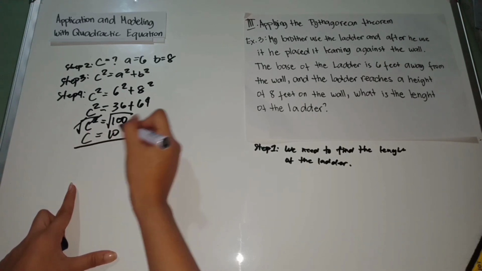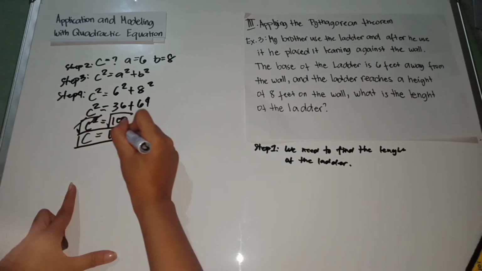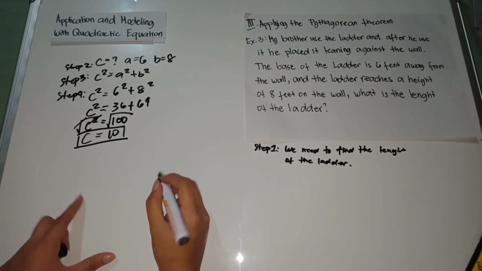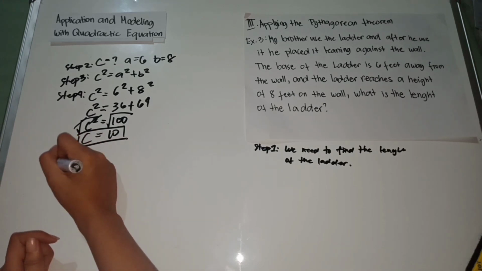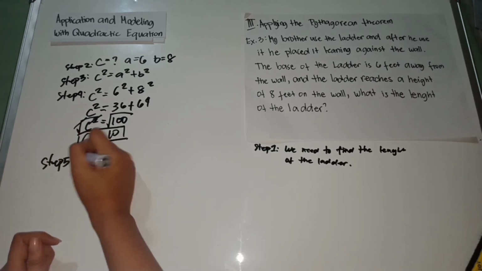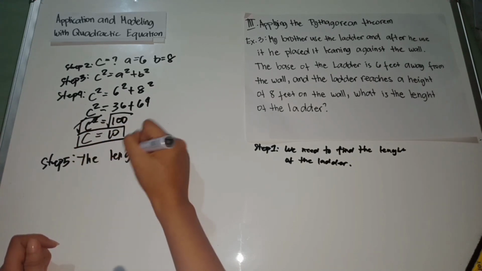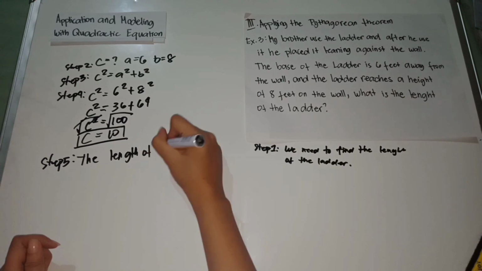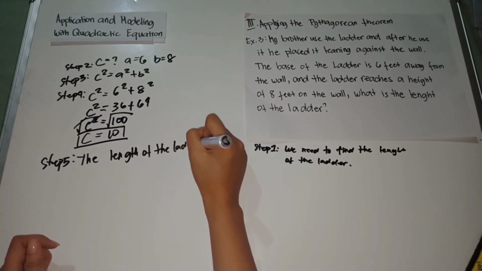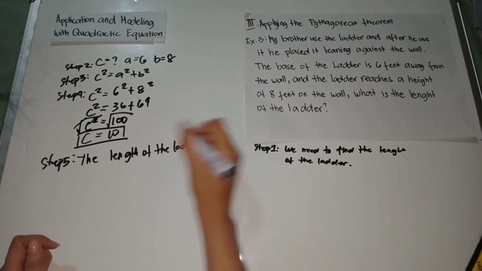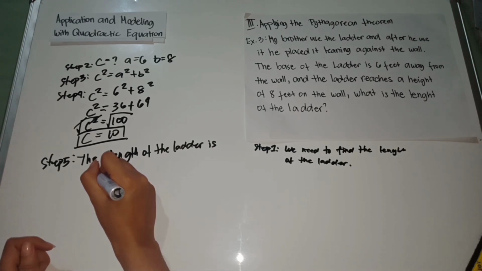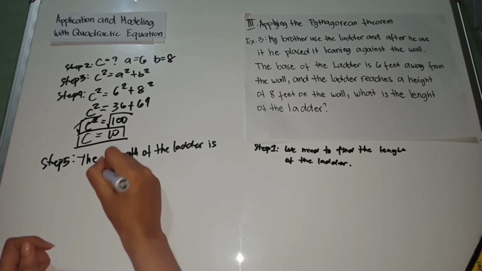So our C is equivalent to 10. Step 5. State the answer. So the length of the ladder is 10 feet.